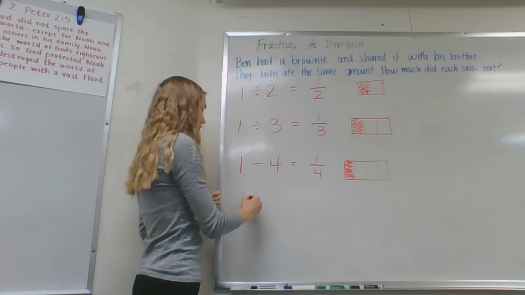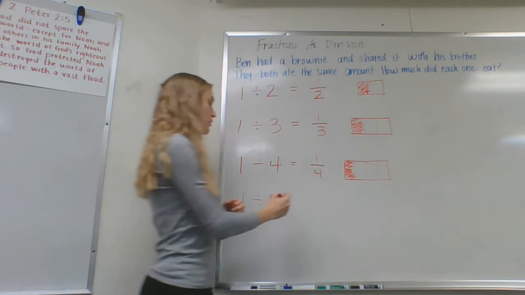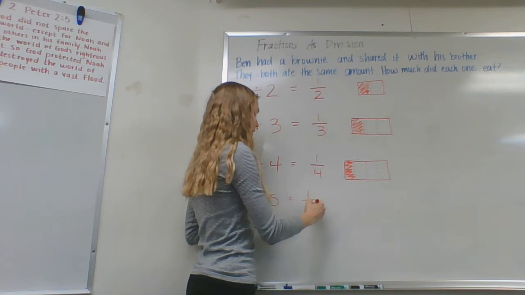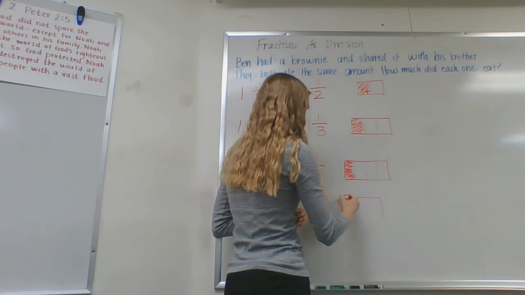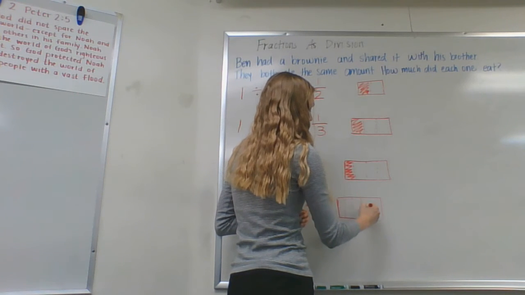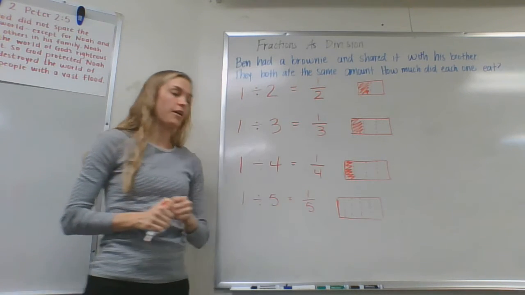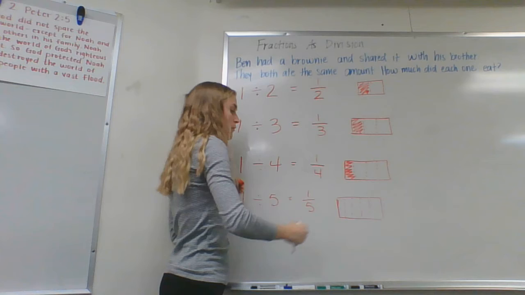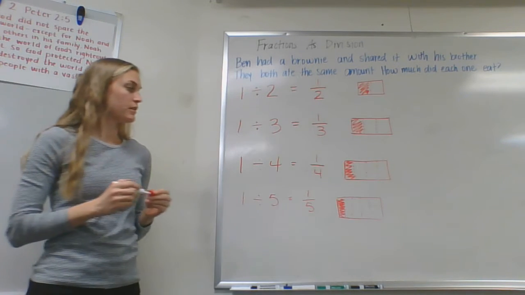If we have 5 people, we're going to take the one brownie, dividing it among 5 people. Everybody's going to get 1/5 of the brownie. So we divide our brownie into 5 pieces, and everybody's going to get one of those 5 pieces.